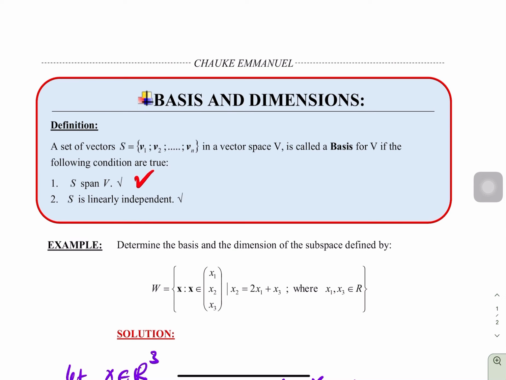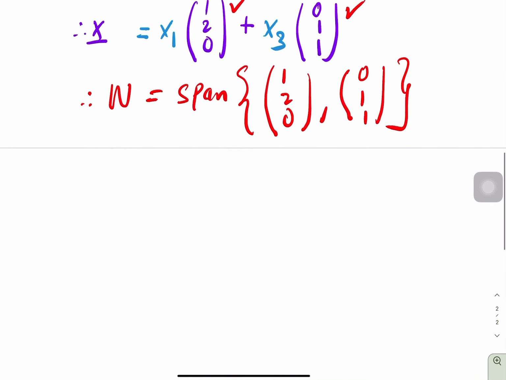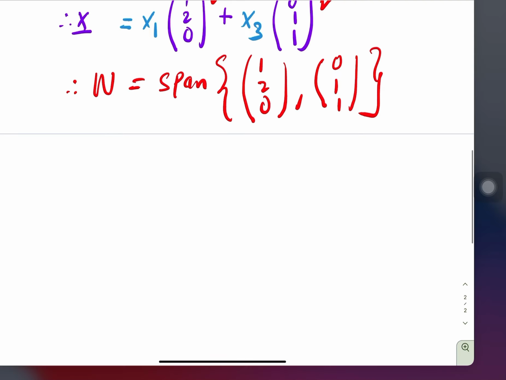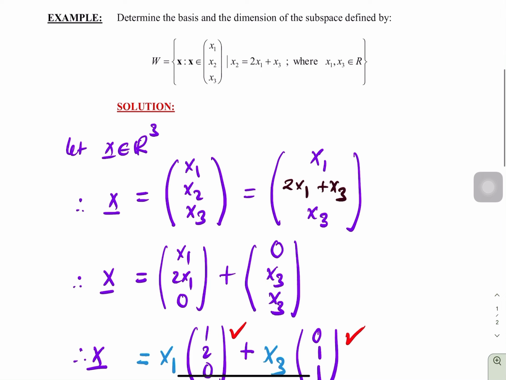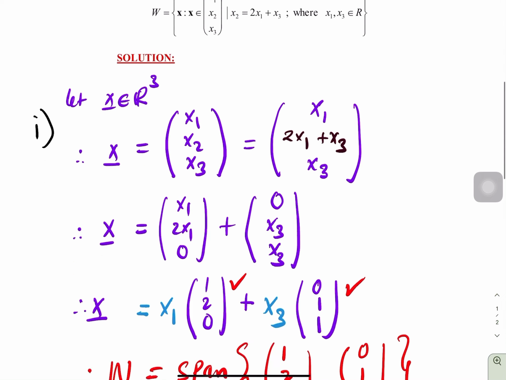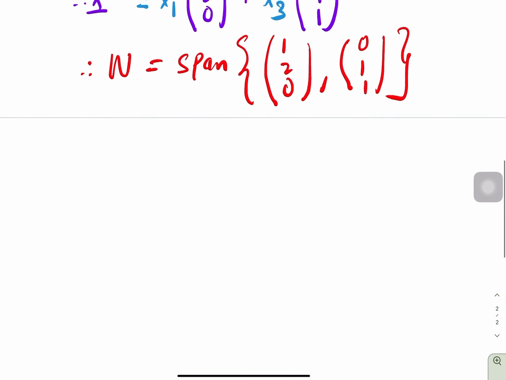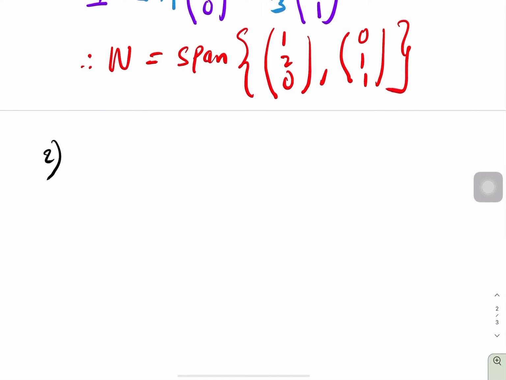You now also need to show that the set of vectors is linearly independent. Here, there are many ways to show that vectors are linearly independent. This was the first part of it, the issue of spanning. We are now going to check if S is linearly independent.